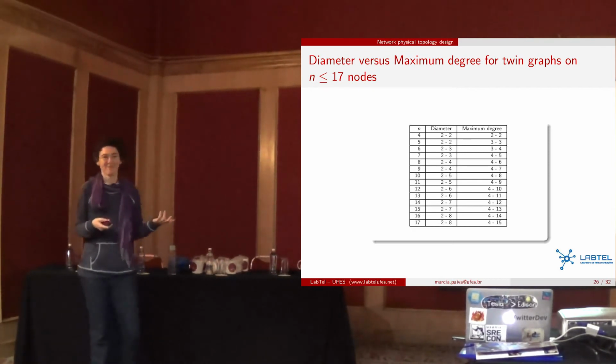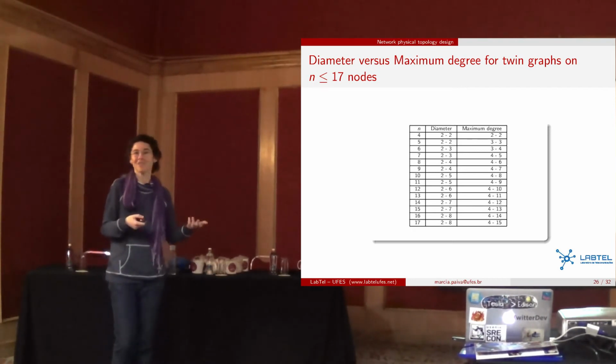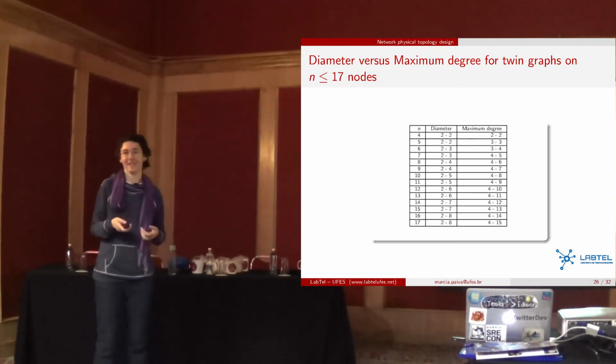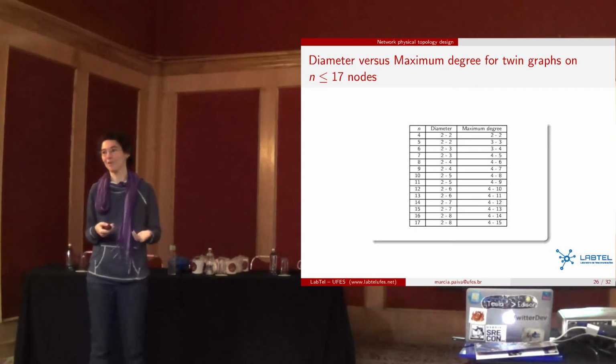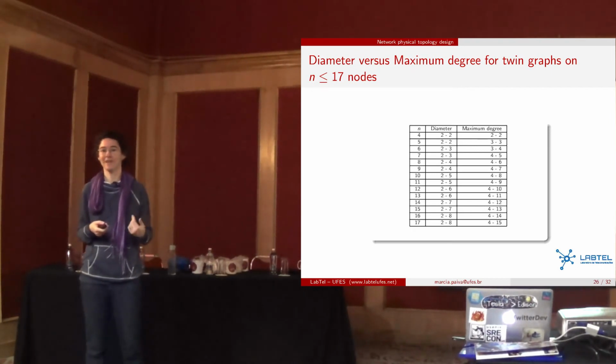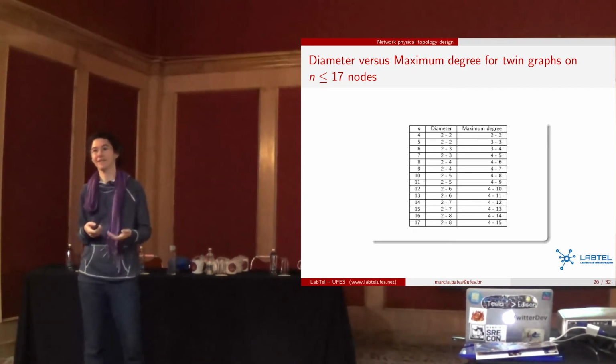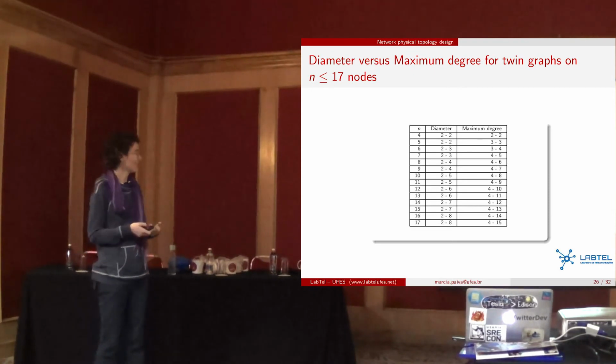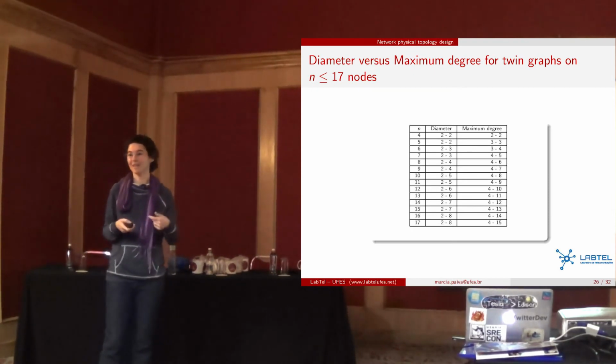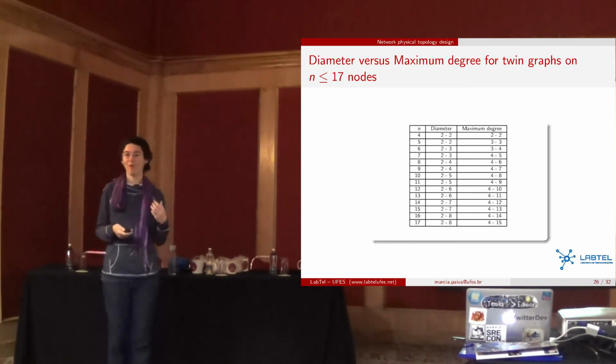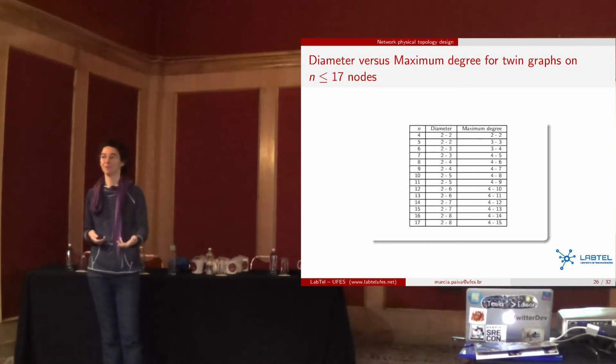And of course, I didn't talk only about twin graphs, but it's a simple example of how to use graph invariants to design a physical topology, and also how to design a new invariant that captures all you need about your network.